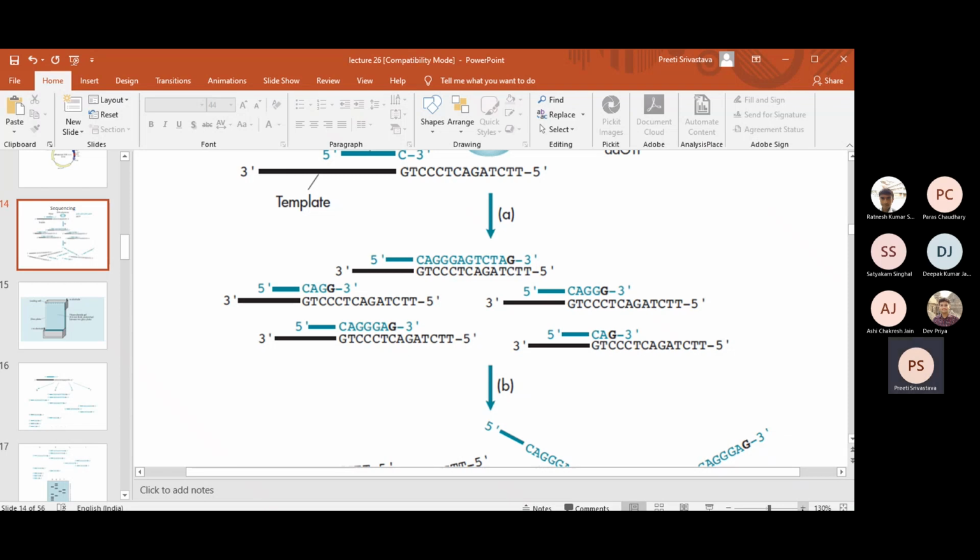Right, so this M13-based method was one of the earliest methods, and that is why even now you will find that these vectors are available and they are used all the time. There are two points in fact. Point number one, when you are separating the DNA from M13, you are absolutely sure that you are getting single-stranded DNA. And the length of single-stranded DNA can be long.